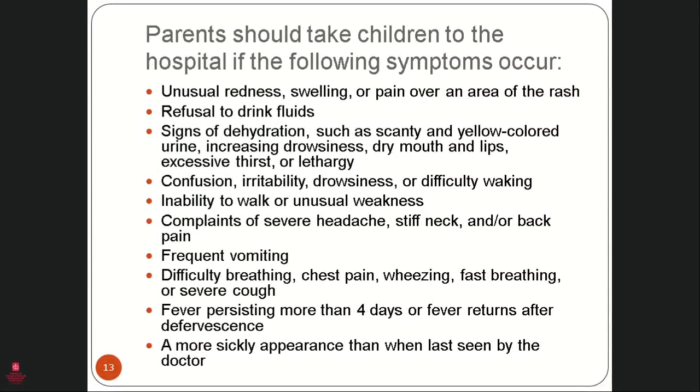Parents should take children to the hospital if the following symptoms occur: unusual redness, swelling or pain over an area of the rash, refusal to drink fluids, complaints of severe headache, stiff neck and or back pain, frequent vomiting.